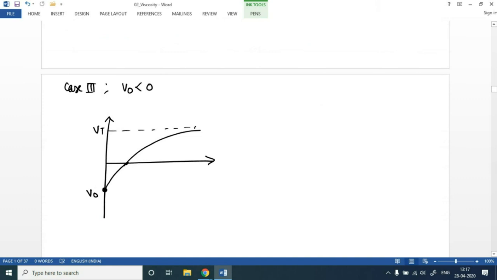And secondly, if we draw the acceleration versus time graph, the initial acceleration is g effective minus kv naught by m. Now you realize this term is basically negative, so the value of ge minus kv naught by m is something greater than g.